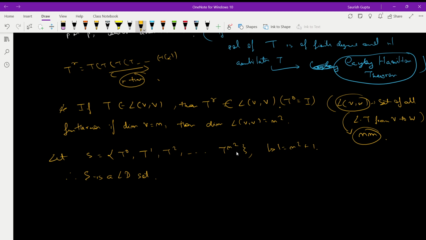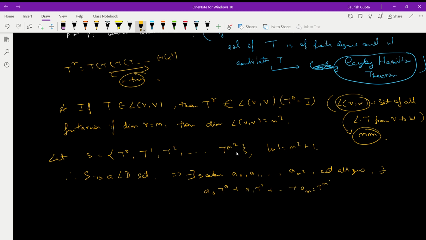Clear? So what is the number of elements in S? It is n squared plus 1. The dimension of L(V,V) is n squared, but the number of elements in S is n squared plus 1. Therefore, S is a linearly dependent set, because the maximum number of elements in a linearly independent set can be n squared, since the dimension is n squared itself.